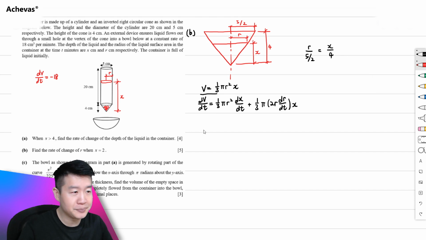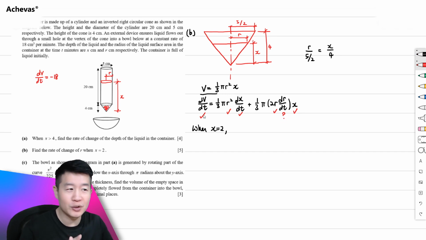Then from here, I'm going to try to find dr/dt when x is equal to 2. So when x is equal to 2, in order for me to find dr/dt, we need to first get this, this, this and this, then we will be able to get this.